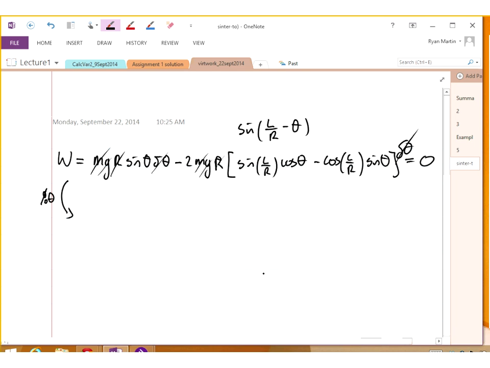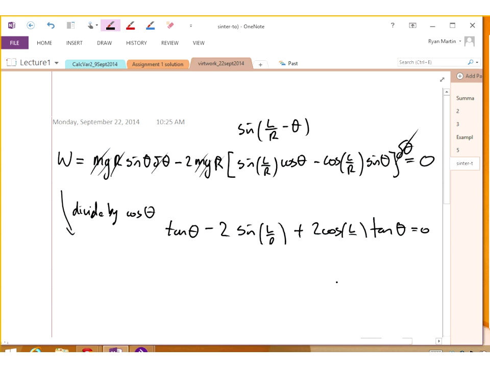And so we can isolate this and find that tan theta is equal to 2 sine L over R divided by 1 plus 2 cos of L over R.